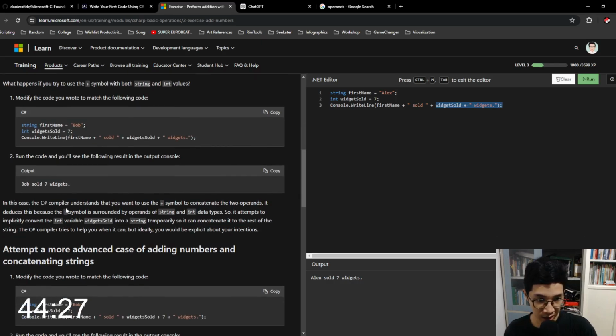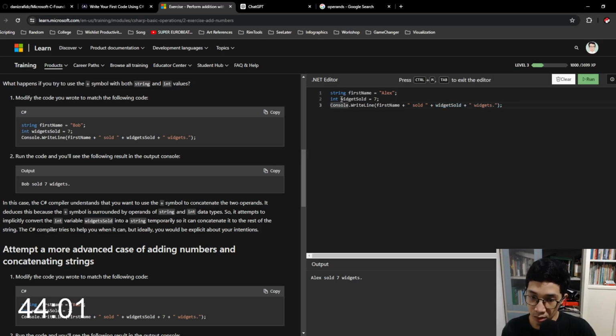Okay, in this case, the C# compiler understands that you want to use the plus symbol to concatenate the two operands. It did this because the plus symbol is surrounded by operands of string and integer data types. So it attempts to implicitly convert the integer variable widget sold into a string.